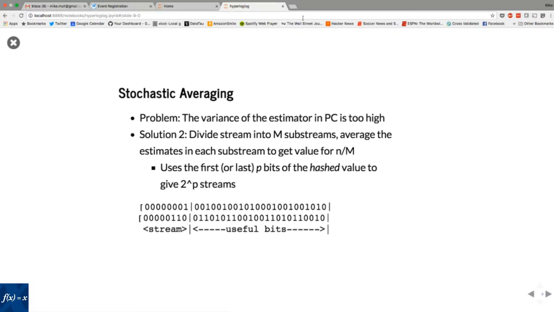So the idea is that you now have however many streams that generates. In this case, since it's 8 bits, you'd have 256. You now have 256 estimators of the size of the substreams, and you average over those to get a better estimate of the whole cardinality.